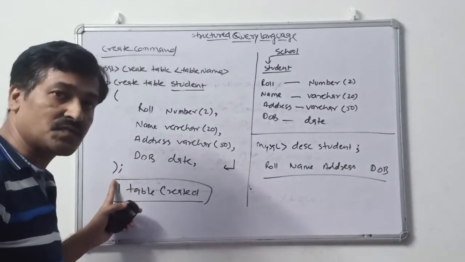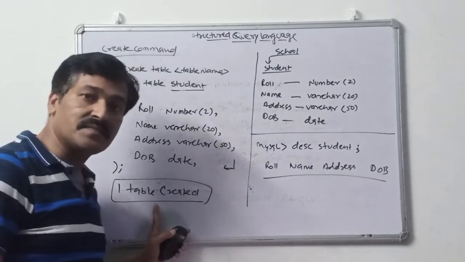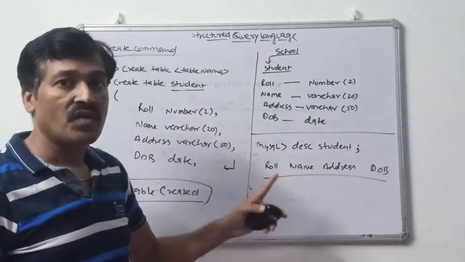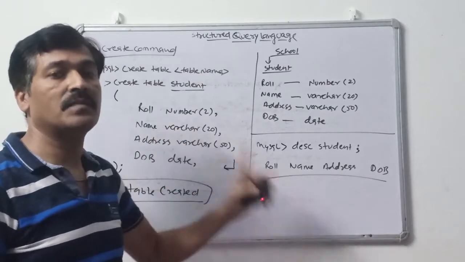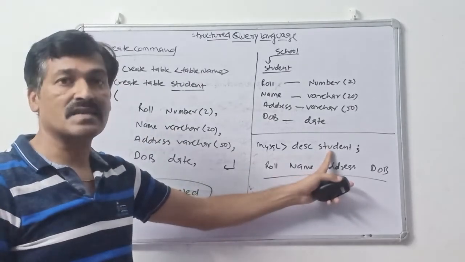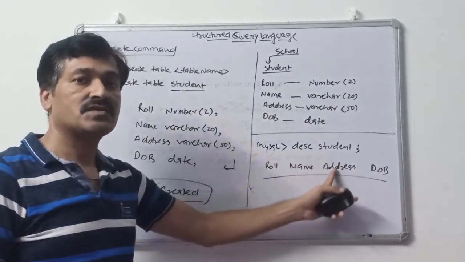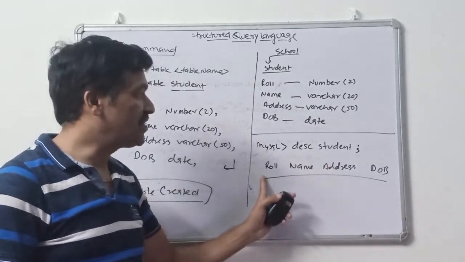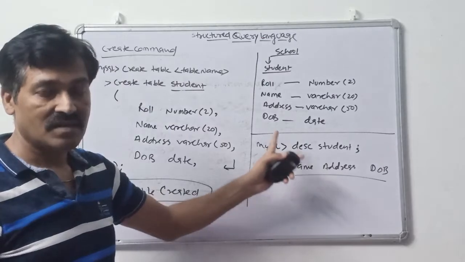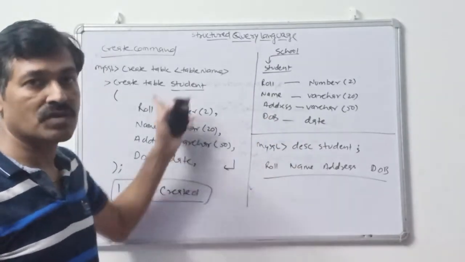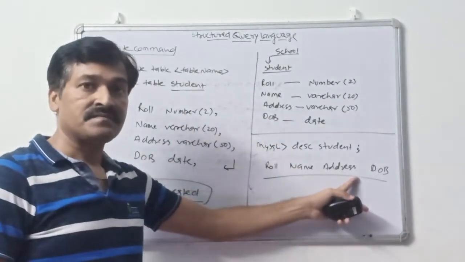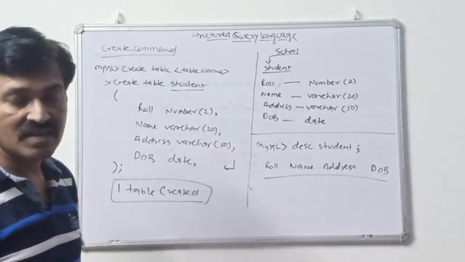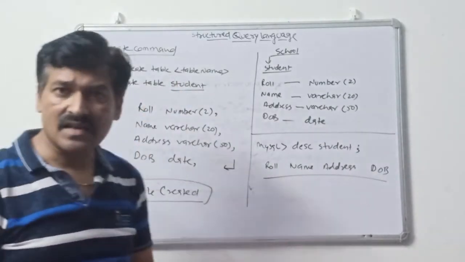If all the syntax is correct, the table created message will be shown, and then to show this code in tabular format, we have to use the DESC command, that is DESC student, or whatever table name we have created. So the DESC command will show the code in tabular format. In this tabular format, we'll insert the data, we'll modify the data, we'll operate other commands.